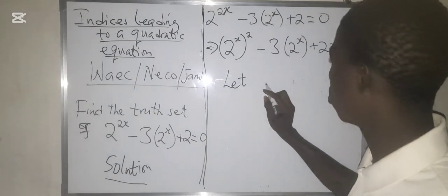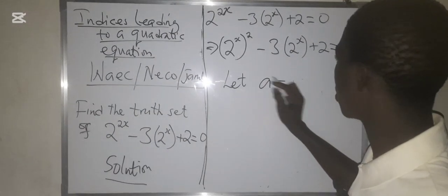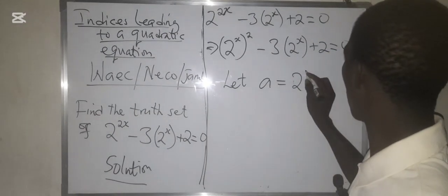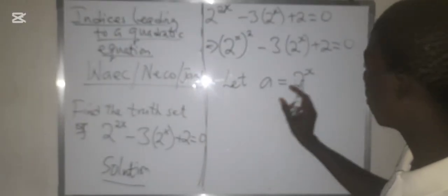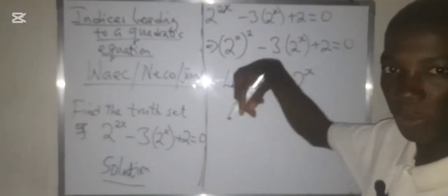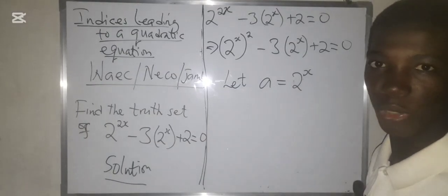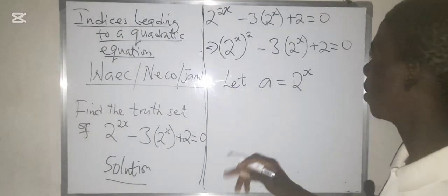Now let a be equal to 2^x. That means wherever you see 2^x, you substitute it with a.